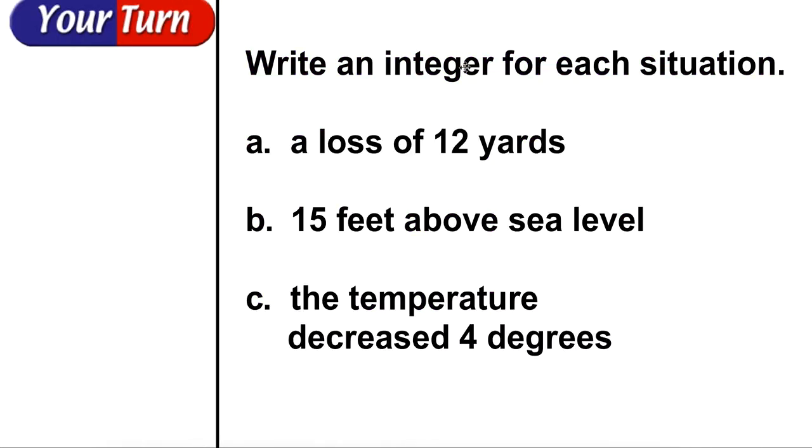So I want you to stop the video and write an integer for each situation. Turn it back on to see if you were correct. A loss of 12 yards would be a negative 12. 15 feet above sea level would be 15 or plus 15. The temperature decreased by 4 degrees would be a negative 4.